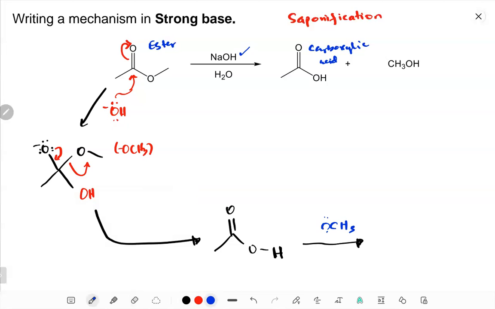This is O, then lone pair, negative charge. This methoxy group will end up abstracting the proton, the acidic proton here. It's like this. And you'll end up getting an alcohol, which is methanol.